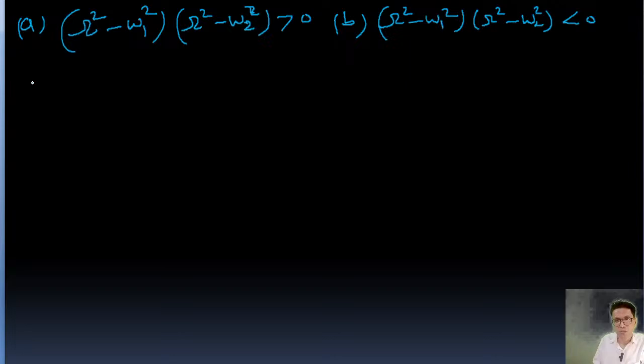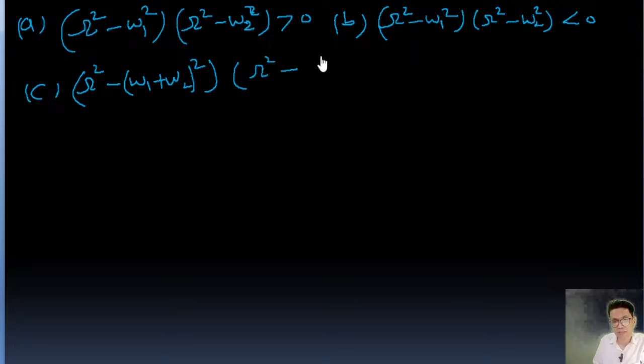Option C is omega square minus omega 1 plus omega 2, whole square, into omega square minus mod square of omega 1 minus omega 2, greater than 0.